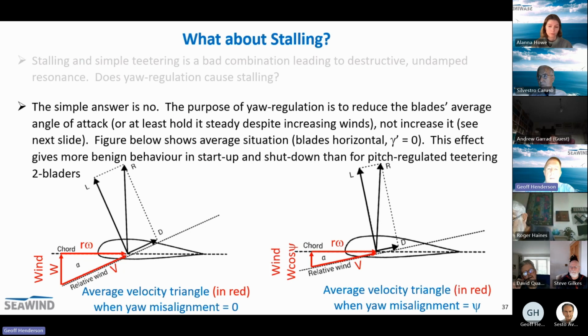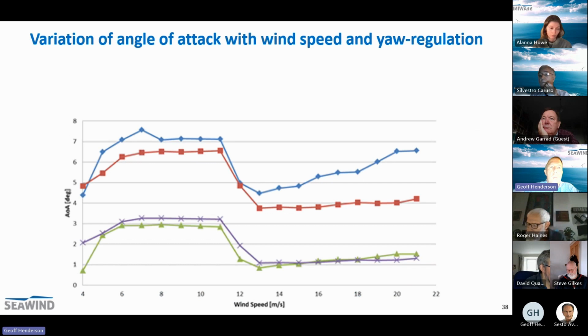And when you yaw out of the wind, the main first order effect is that you are simply reducing the wind speed as seen by the rotor, so that wind vector is multiplied by the cosine of the yaw misalignment, just reducing the angle of attack. So this would be the case with blades horizontal in terms of the average case for the yawed turbine.